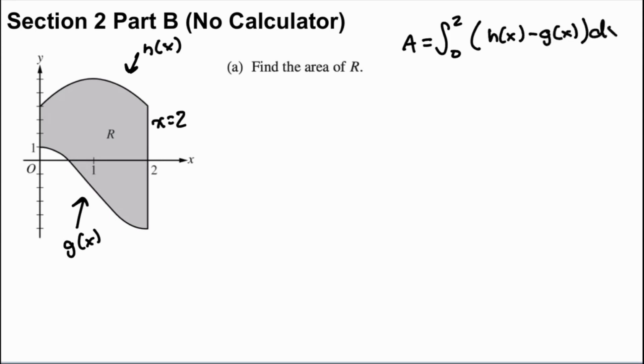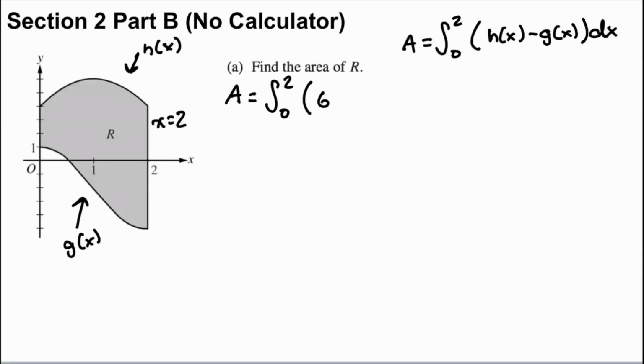Now, if this was a calculator portion, you would stop here, plug in the functions into your calculator, give a final answer, and then be done. But unfortunately, this is no calculator. So you do have to show the process of integrating by hand. So we're going to say that area is equal to the integral from 0 to 2. And I'm going to literally plug in what h and g are equal to.